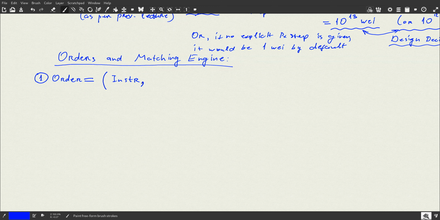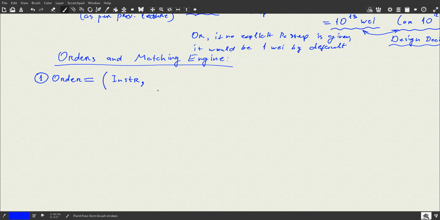But in general, when an order is submitted in an exchange, which may trade multiple instruments, the order obviously consists of multiple fields, and the first of them is the instrument name.